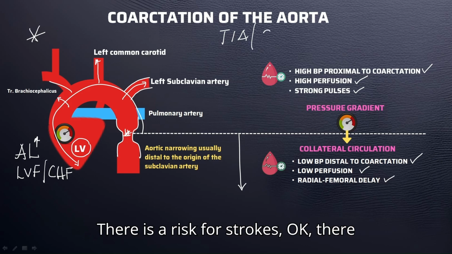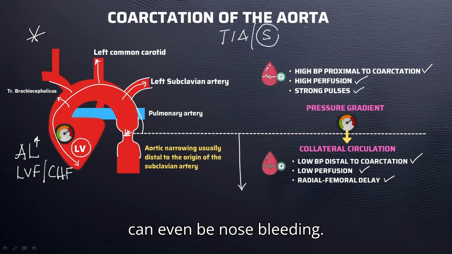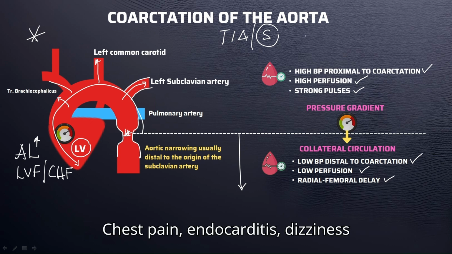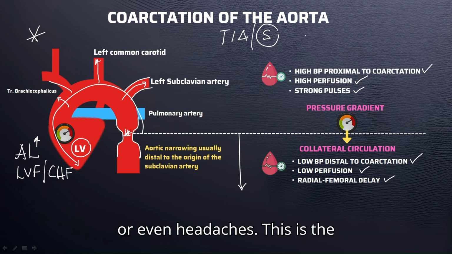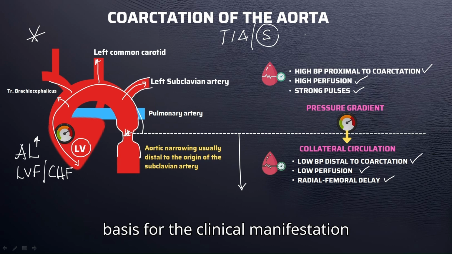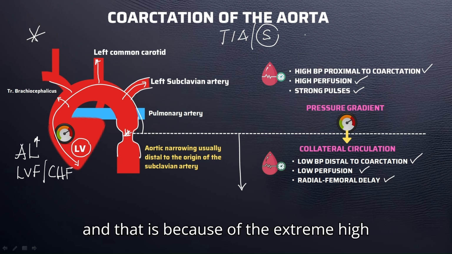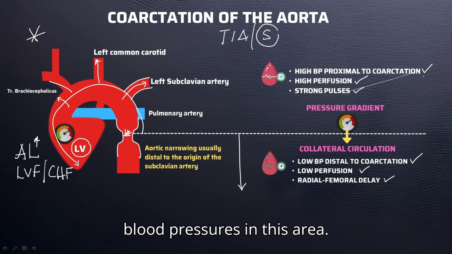There is a risk for strokes. There can even be nose bleeding, chest pain, endocarditis, dizziness, or even headaches. This is the basis for the clinical manifestation, and that is because of the extremely high blood pressures in this area.